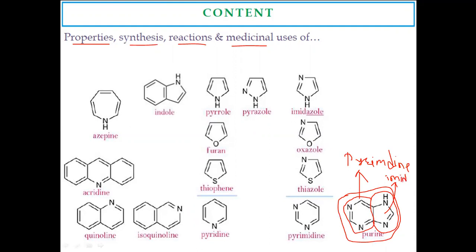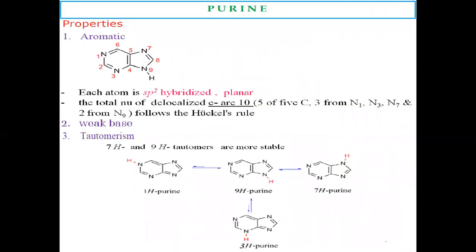They fuse together to make purine as a heterocyclic moiety. So let's discuss the properties of this important heterocyclic moiety, a six-member and five-member nitrogen containing heterocyclic moiety, nothing but purine.